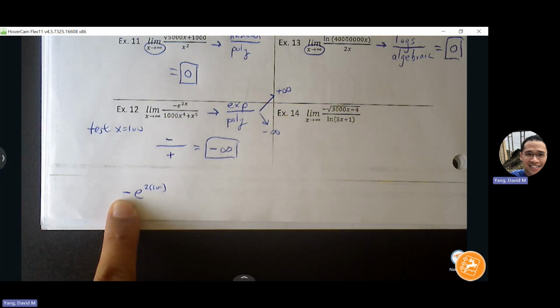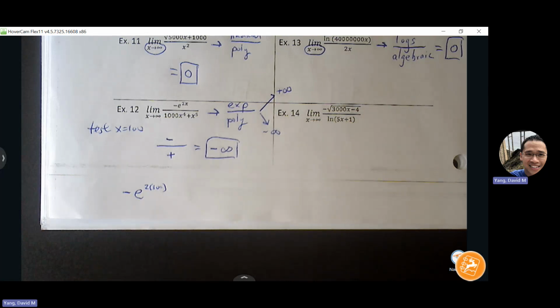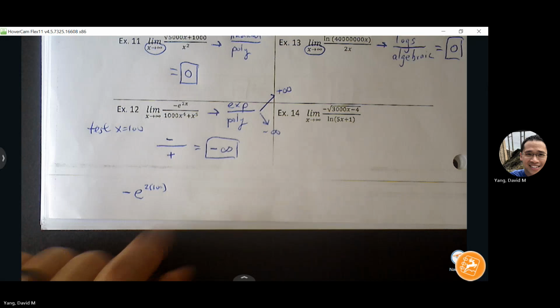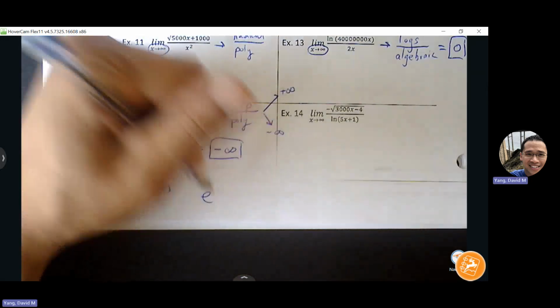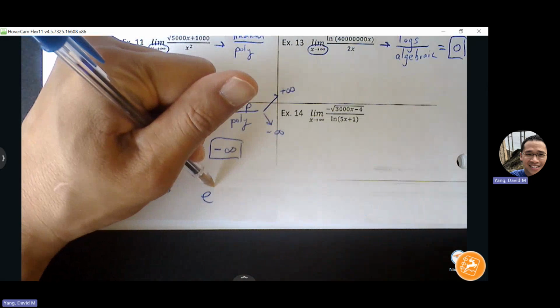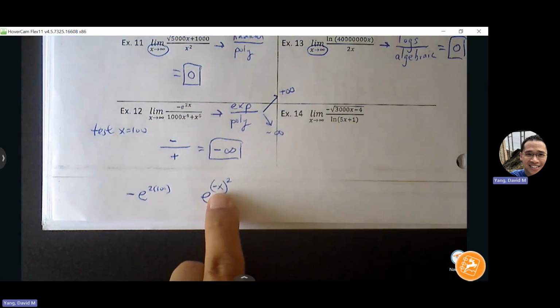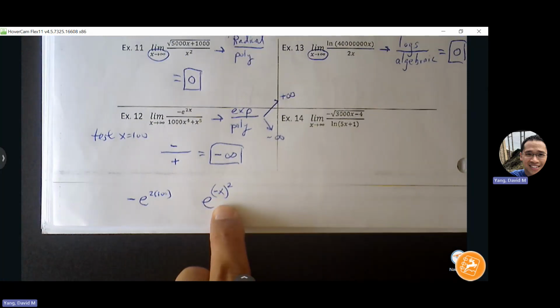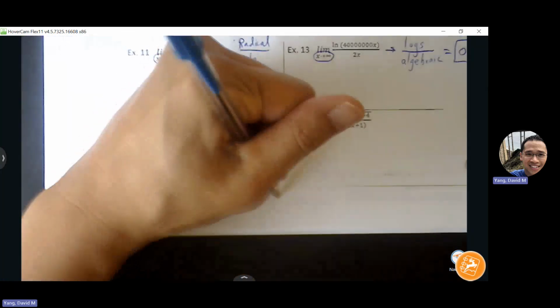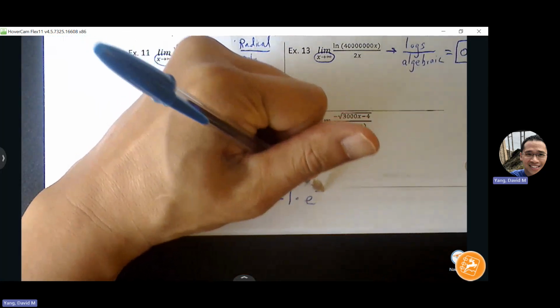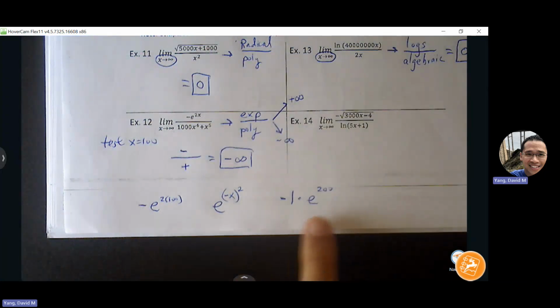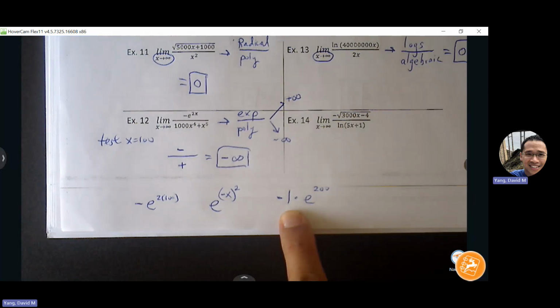Does that make sense? I was going to say it's an even exponent, so it usually would cancel out the negative. That's only if it was, let's say, negative x squared, right? Then negative 100 would be canceled out by the 2, and that would stay positive. But imagine this is saying negative 1 times e to the 200, right? So e to the 200 is a positive. Positive times negative 1 is going to be negative. Okay.